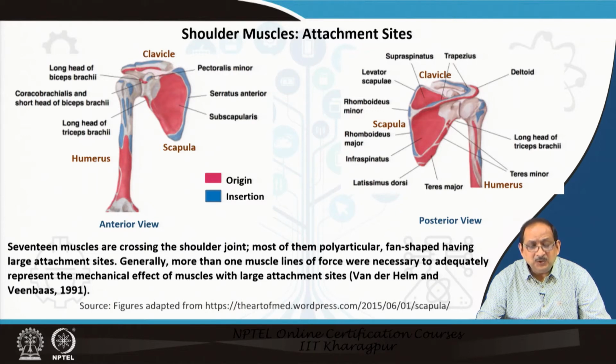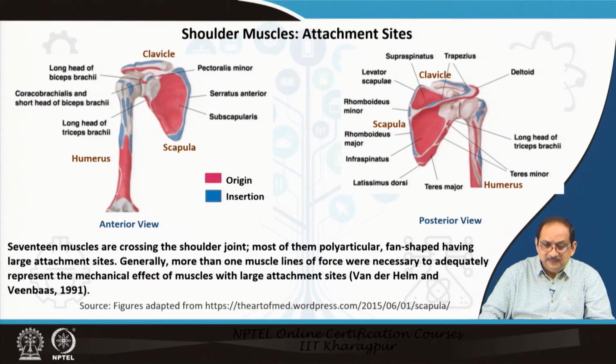Generally, more than one muscle line of force is necessary to adequately represent the mechanical effect of the muscles with large attachment sites. So, you can see there are large muscles here on the posterior side of the scapula as well as on the anterior side of the scapula, and there are other muscles which we will be discussing more in detail.